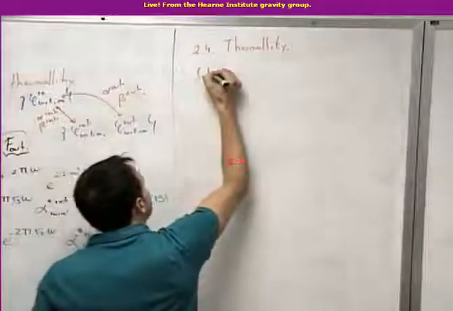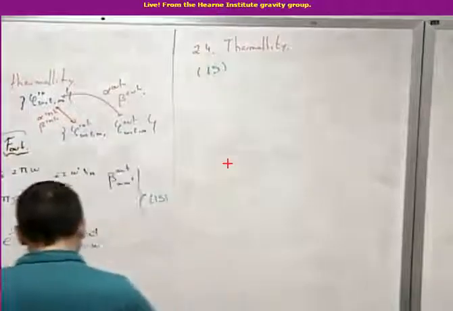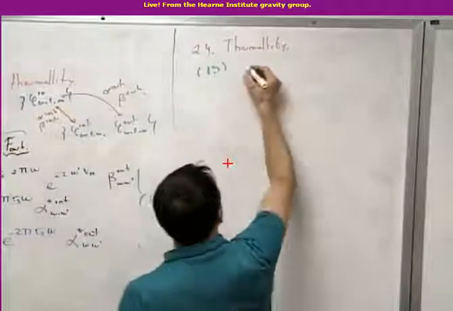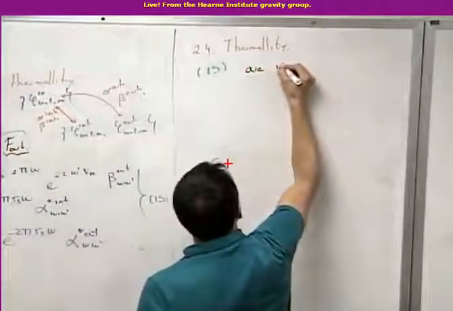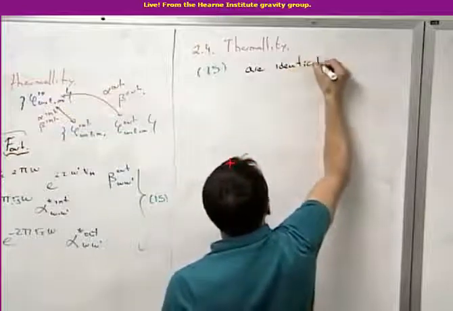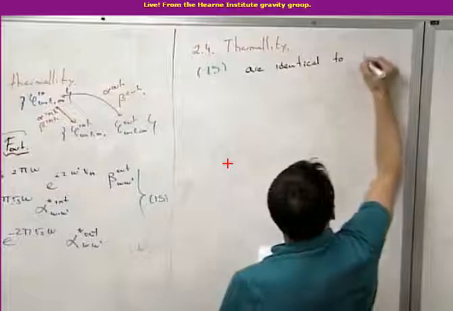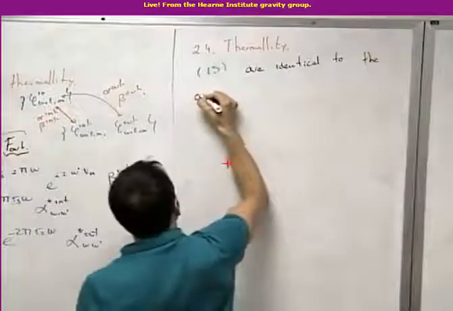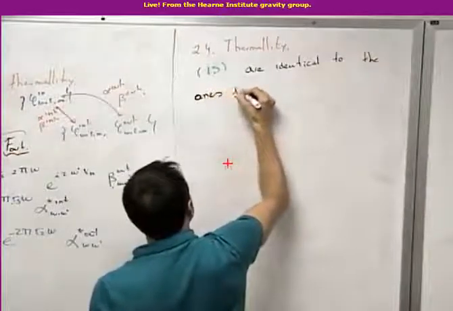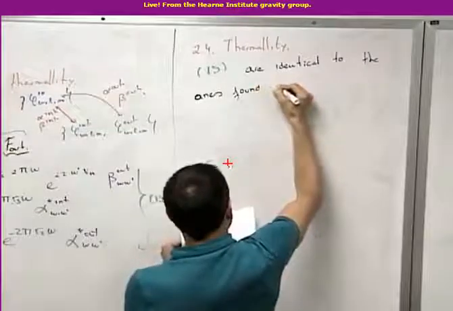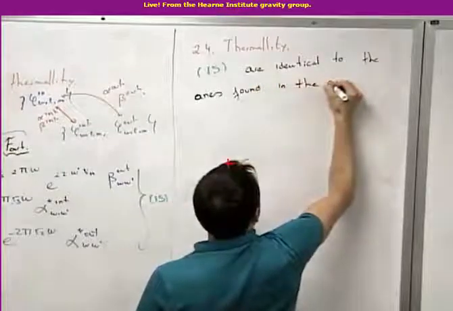What I want to say here is that the relations 15 are identical to the ones found in the analysis of the Unruh effect.